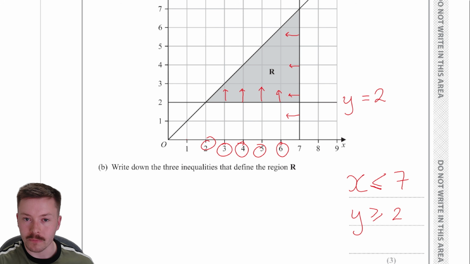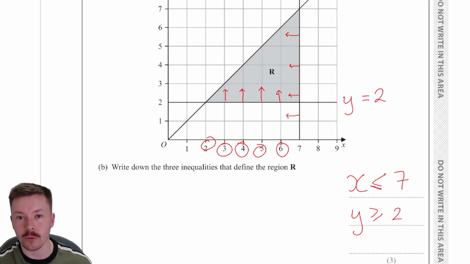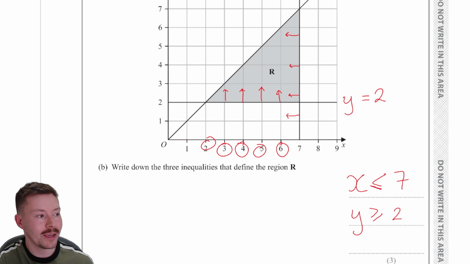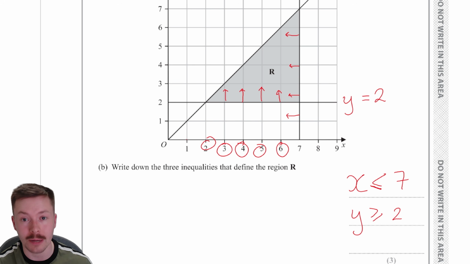Now, the last one, the diagonal lines, you need to be careful with. When you have any diagonal line, you need to do your arrows vertically, either straight up or straight down. You cannot do them at angles because then you will start to get yourself confused and make mistakes. So these arrows have to go vertically, up or down. And in this case, we need them to go down.